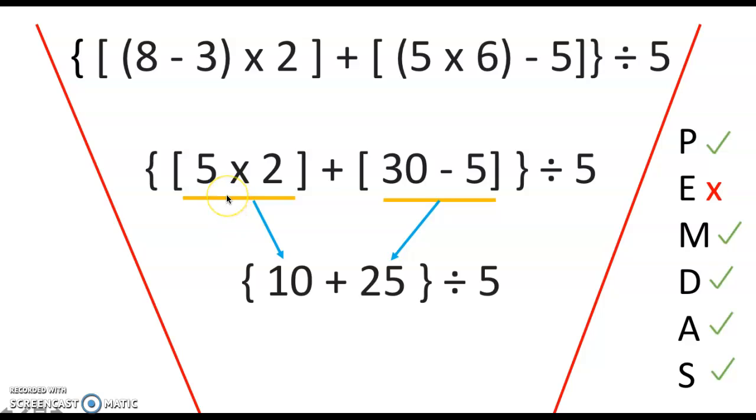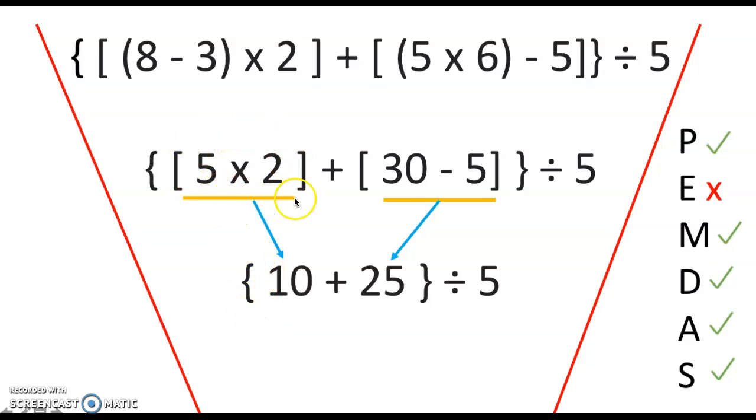Next step, I know in my mathematical family that the older siblings get taken care of second. So I'm underlining where my older siblings are, which are the 5 times 2 and the 30 minus 5. And I'm rewriting the rest of the expression that does not apply to the brackets. For example, haven't solved for the braces yet, I'm rewriting it.